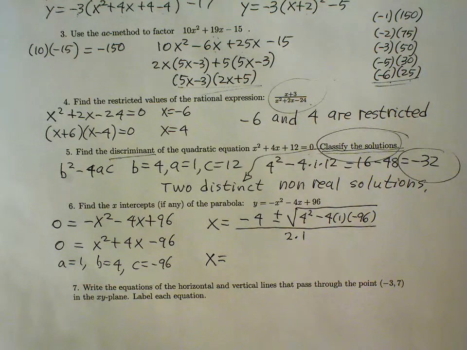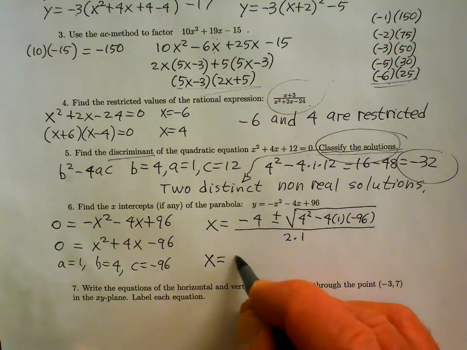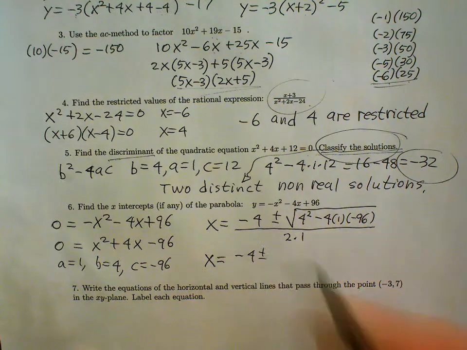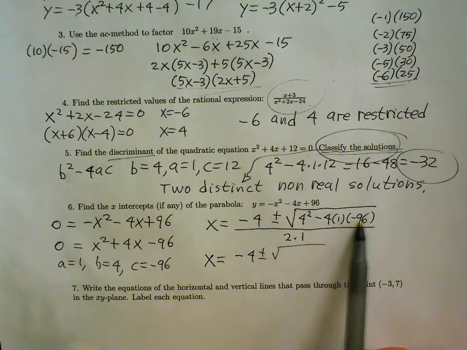Okay, I got an answer online and in class. So let's go ahead and do the arithmetic. So inside the square root, 16 minus 4 times 1 times negative 96.